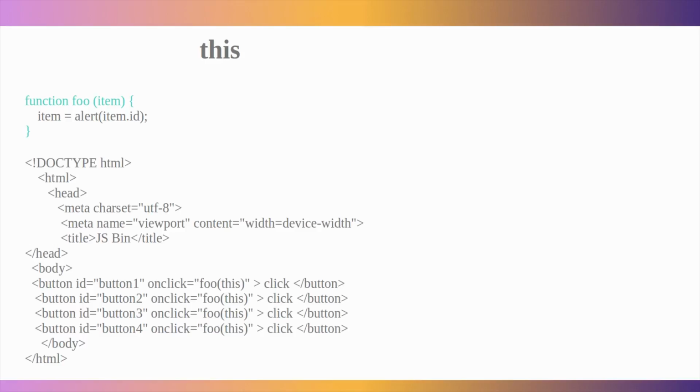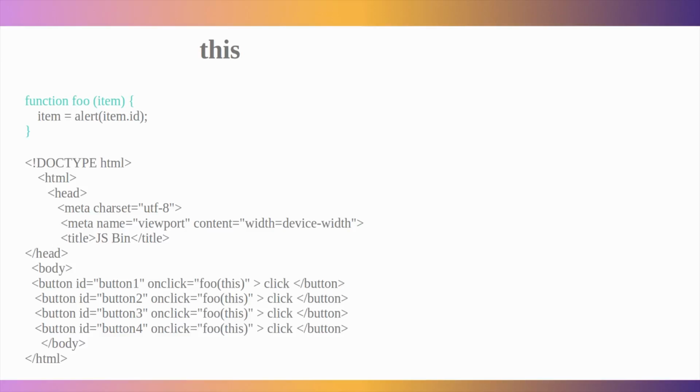In function foo, item is the argument passed. We are alerting the ID property of the item DOM element with item.id. And now have a look at our HTML here. So what does item refer to then? Remember, in our calculator project, we had passed different numbers as arguments to the onClick function setValue. And setValue in the function declaration took number as an argument.